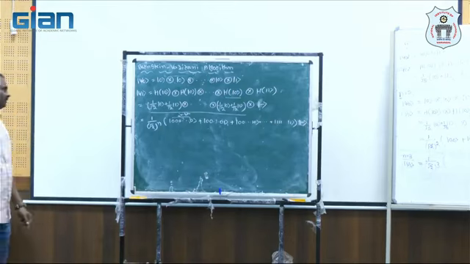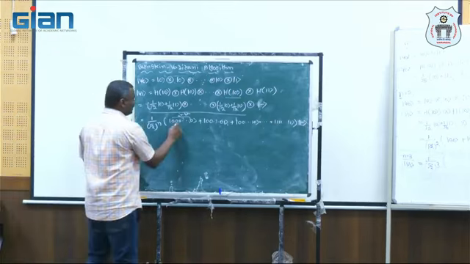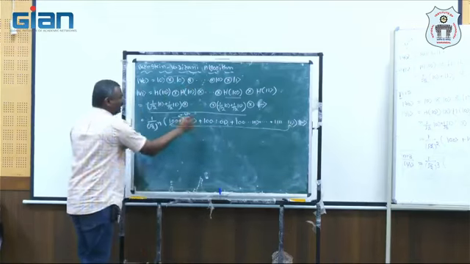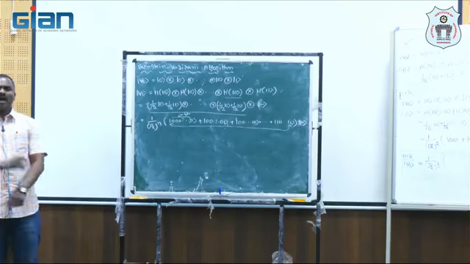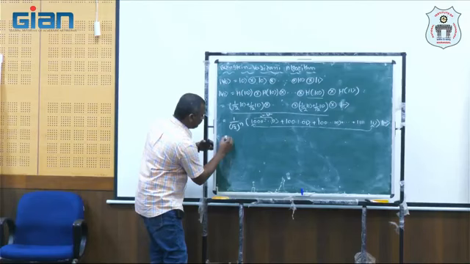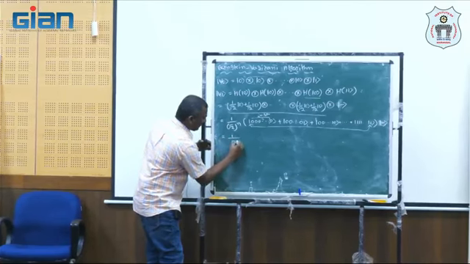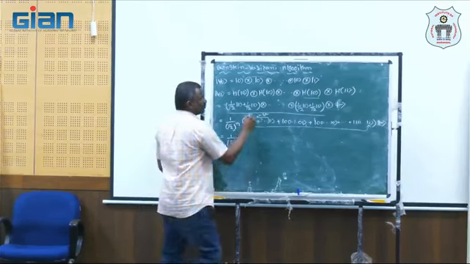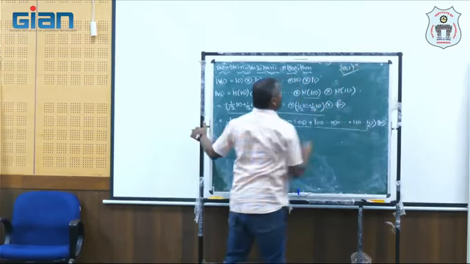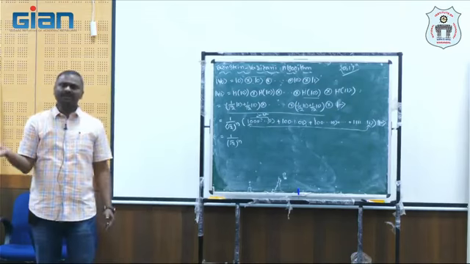What are these? We know that these are all binary strings of length n. That concise form we can write as 1 by root 2 power n. What is 0,1 whole power n? What does it denote? All binary strings of length n.